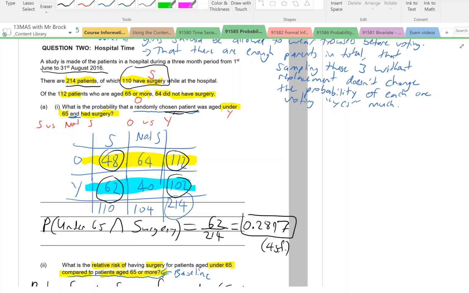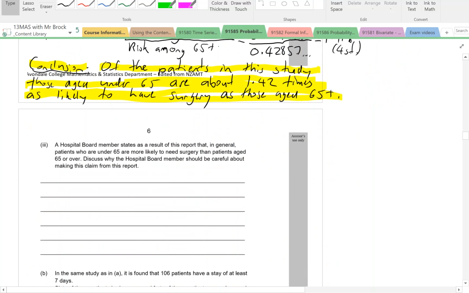And then aside from that, we don't know if it's a representative sample of patients. For example, this hospital might specialise in a certain type of treatment. We don't know anything about that, so we can't make any inferences back to the population of all patients in general. So let's write that down. So, key points.